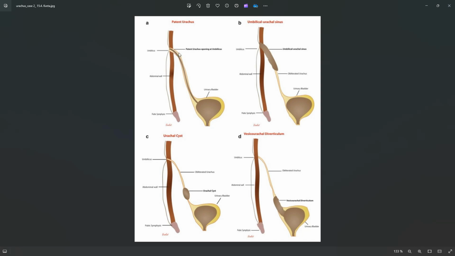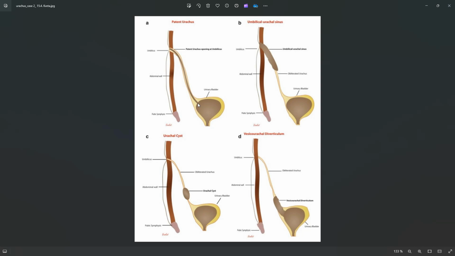Under normal conditions, this hollow structure connects the umbilicus to the urinary bladder during intrauterine life, and then it becomes obliterated. But there can be some incapability or disorders of obliteration of the urachus, which result in various disorders.